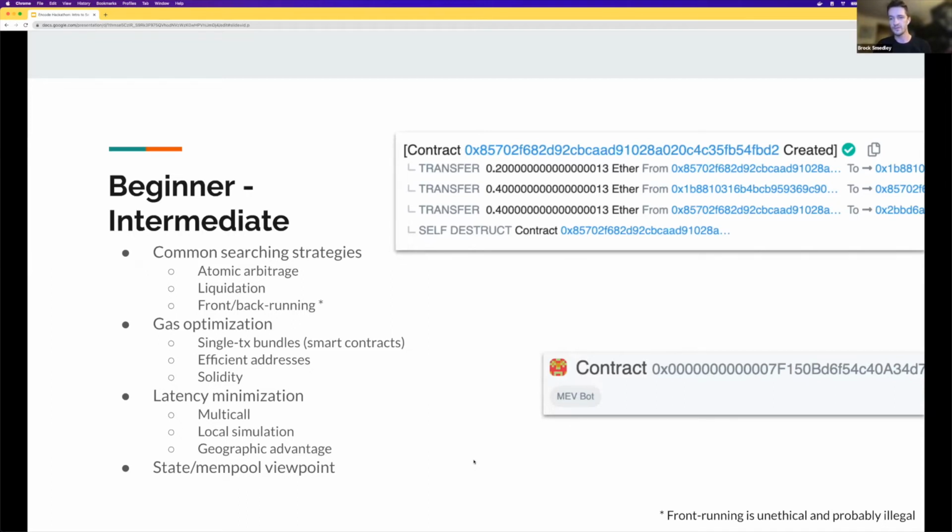The more nodes you're directly peered with, the more quickly you're going to get new transactions from different places. Ideally, the more transactions you have in your mempool, the better opportunities you're going to have. So keep that in mind if you're using the mempool for your strategies.